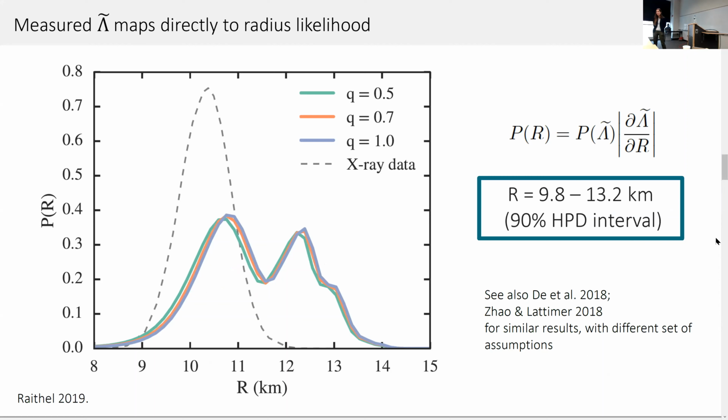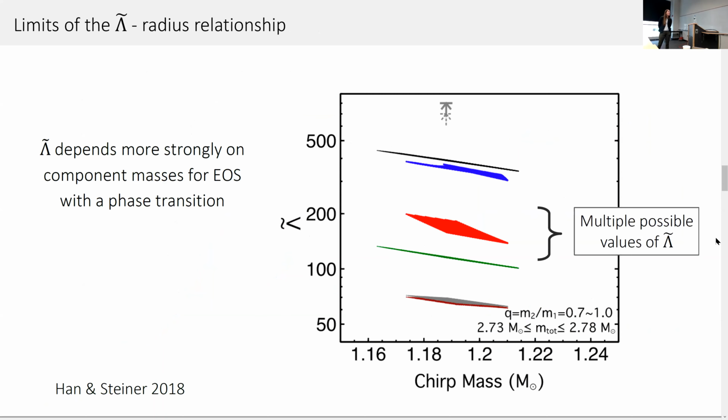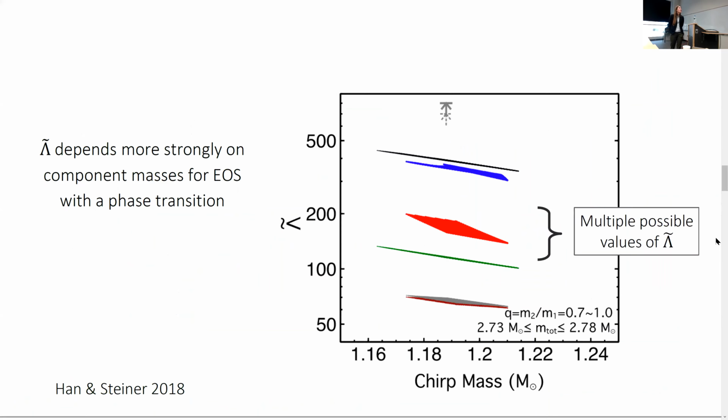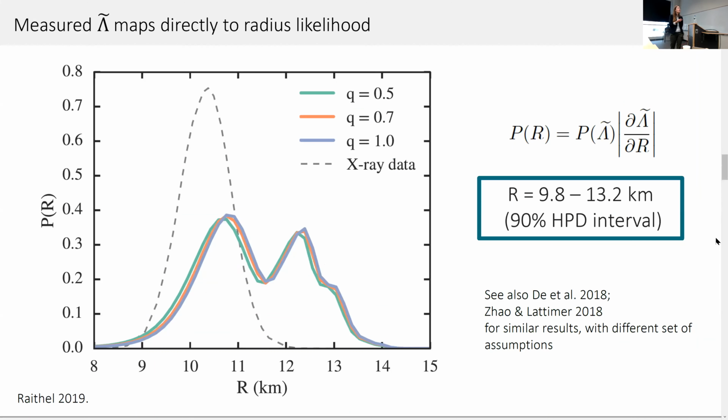taking these results and hitting them with the Jacobian you calculate with our one-to-one mapping, with our lambda tilde function. Yes? Would this resolve if there were a phase transition? Or would the distribution be totally different if you allow the phase transition? So the two sets of X-ray radius constraints are from the same systems.